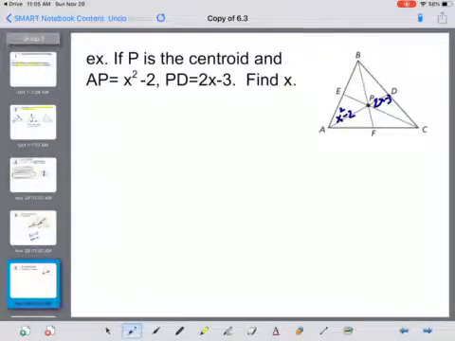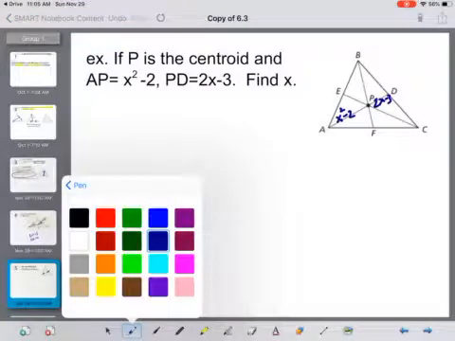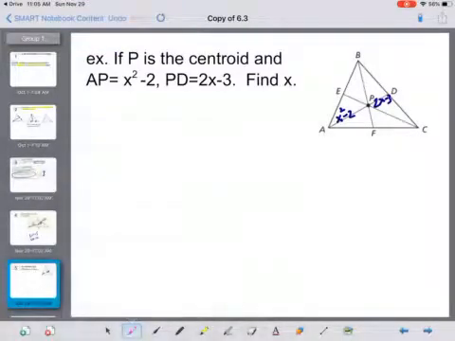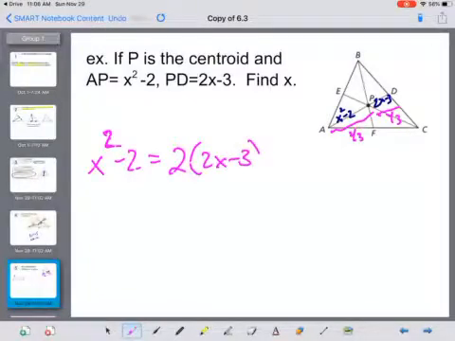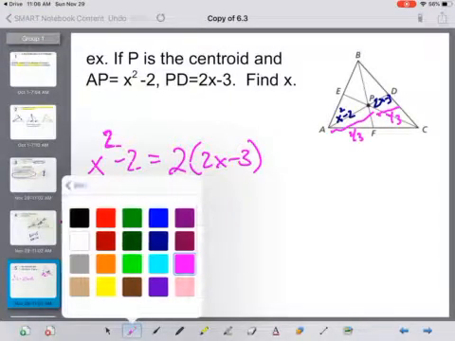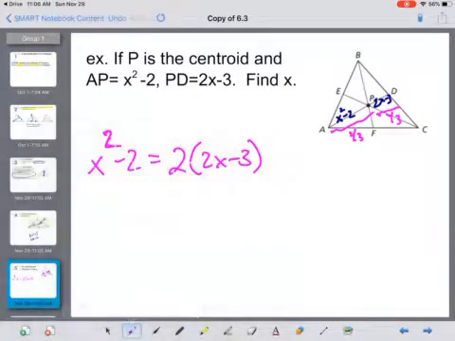Because AP is 2/3 of that distance and PD is 1/3 of that distance, then I can set AP equal to 2 times PD, because PD is only 1/3. So if I multiply it by 2, it would be the same distance, and then I can solve this equation.